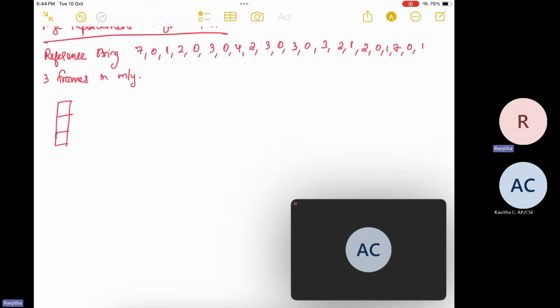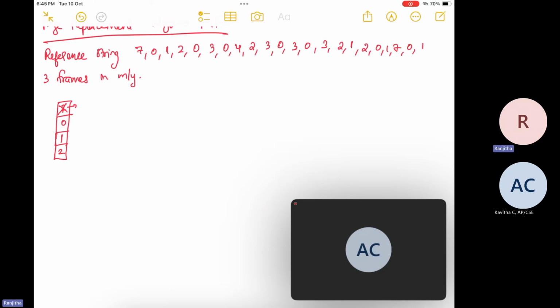So initially it is all empty. First 7 will come, then 0 will come, then 1 will come. Now when 2 has to come, we will replace 7 with 2, because 7 came first. It's a FIFO queue.